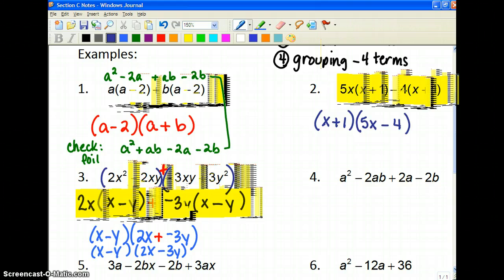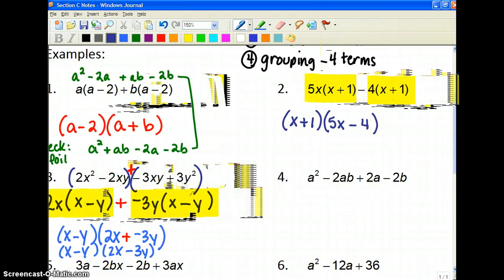All right, number 4. Group them together. Now in this one, I went ahead and put my parenthesis inside there because that is a plus sign. All right, the only time you have to be careful is if it's a minus sign. So what can you take out of this first group? They both have an A. What's left? A minus 2b.